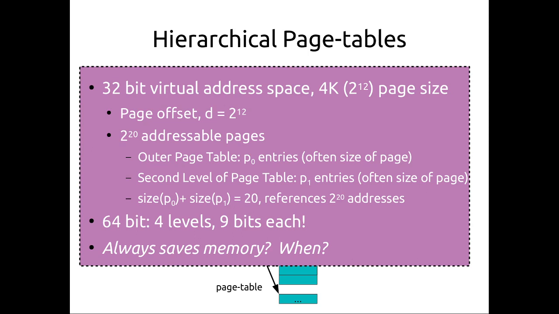So this actually doesn't save memory in the case where we actually need a second level page table node for every virtual address because the virtual address space is so heavily populated. Because in that case, we have 4 megabytes of second level nodes, and in addition, we have the outer page table.